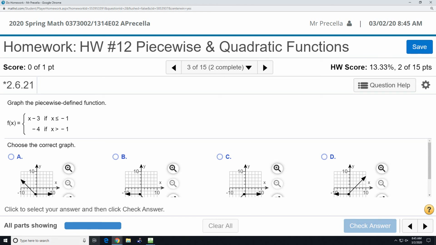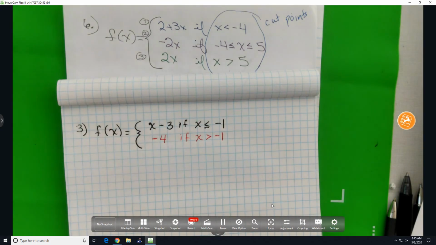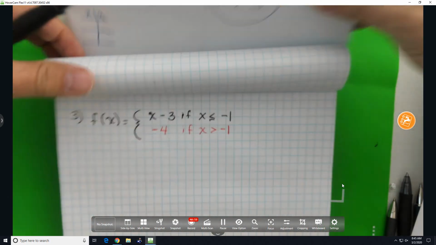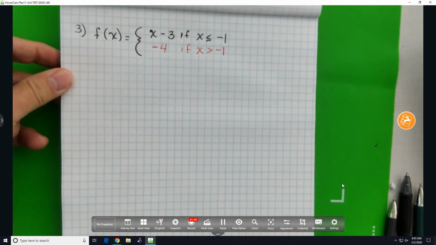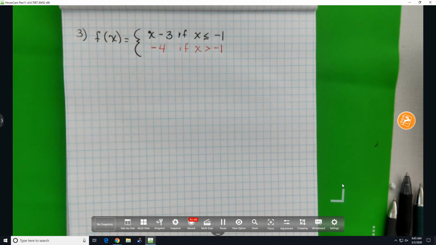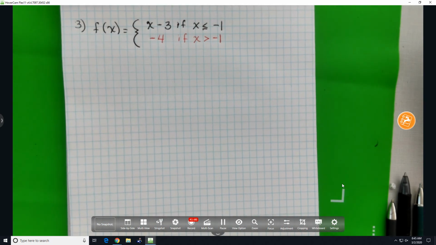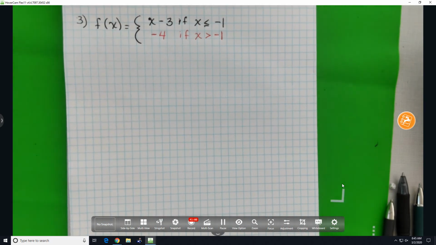Okay, so f of x equals x minus 3 if x is less than or equal to negative 1, and negative 4 if x is greater than negative 1.